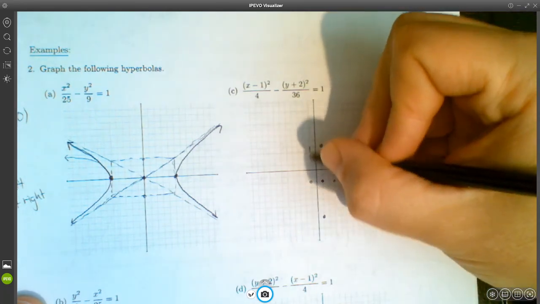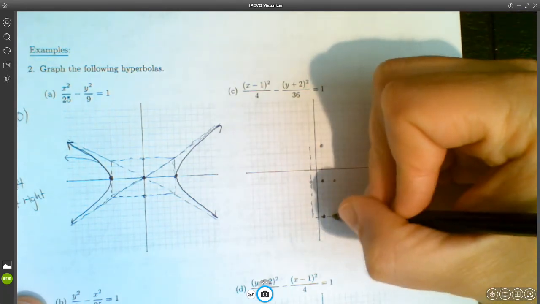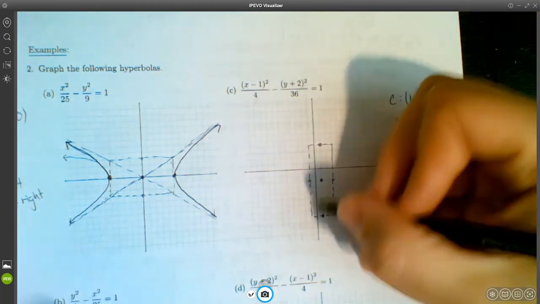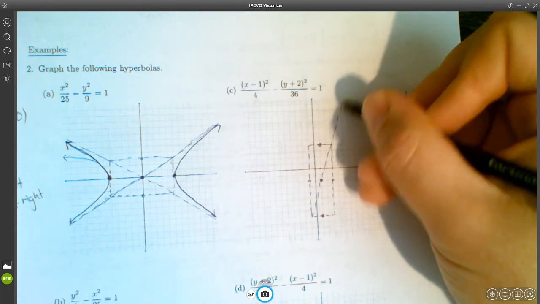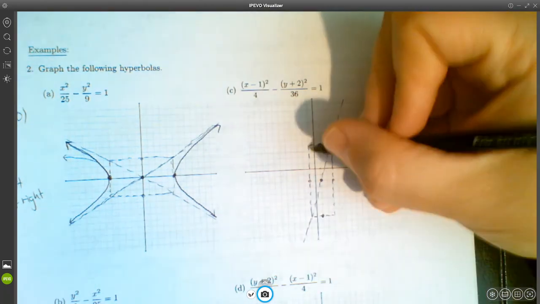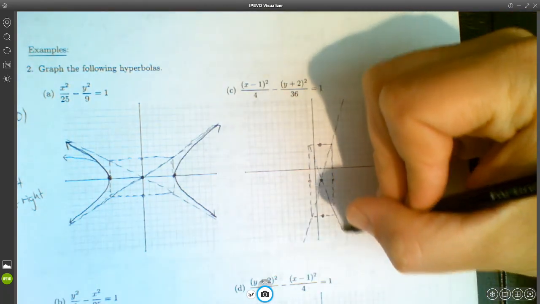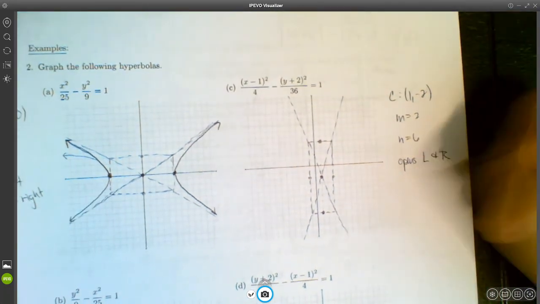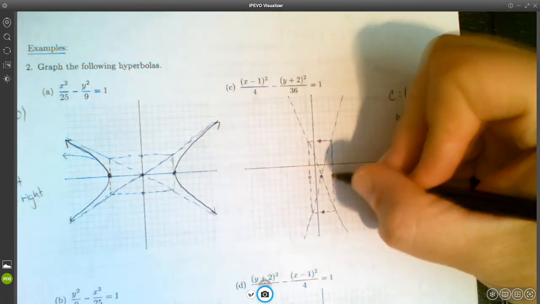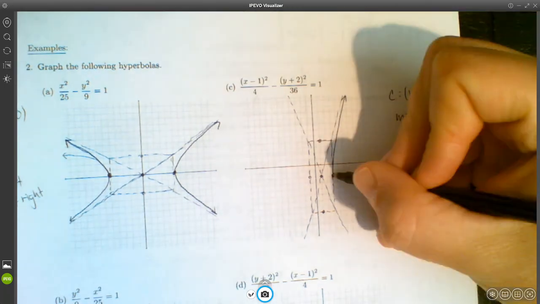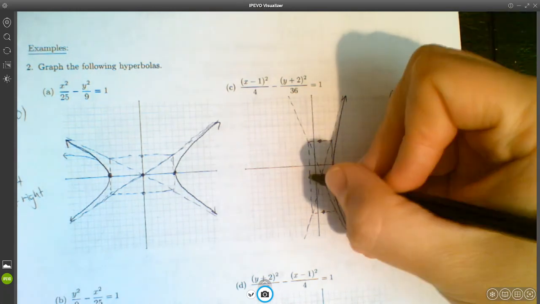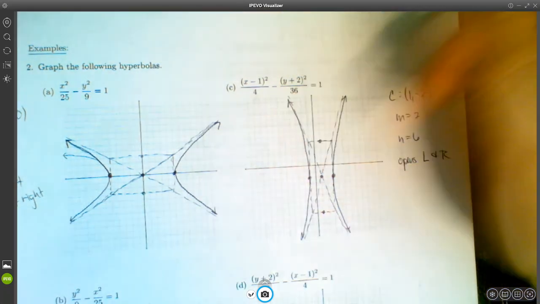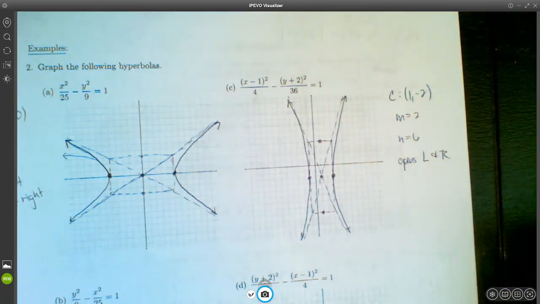Draw a box. Draw the diagonals of the box. And then draw the hyperbola opening left and right. Okay.